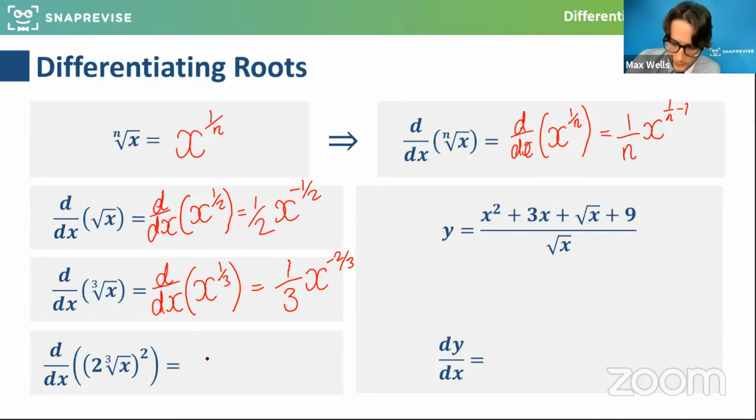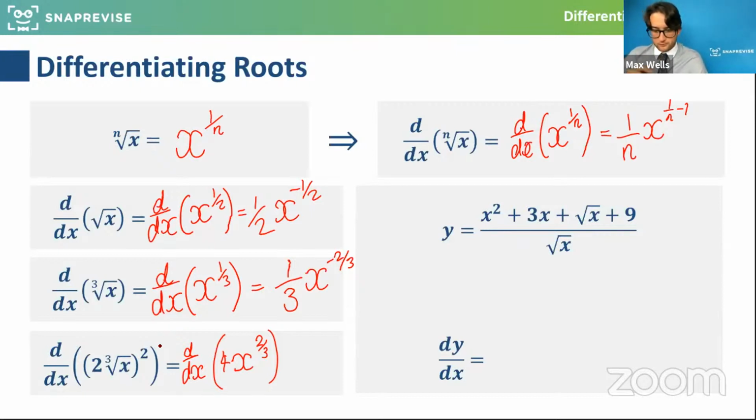This one here, let's just look at how we would express this. This is asking us to differentiate. Basically, be really careful. This is all squared. So this is actually a complicated way of writing 4x to the 2/3. Do you see that that's really sneaky, that the 2 is squared as well? If you're thinking BODMAS, the order of operations, the bracket is first and the bracket is raised to an index, but it's all squared.